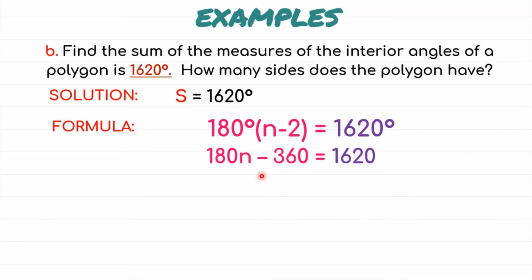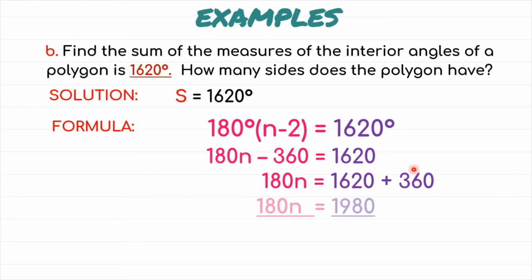So, since yung n, kailangan siya matira dito at itong minus 360 ay magta-transpose sa kabila. Tapos magpapalit siya ng sign. So, magiging plus na siya, hindi na minus. So, 180n is equal to 1,620 plus 360.